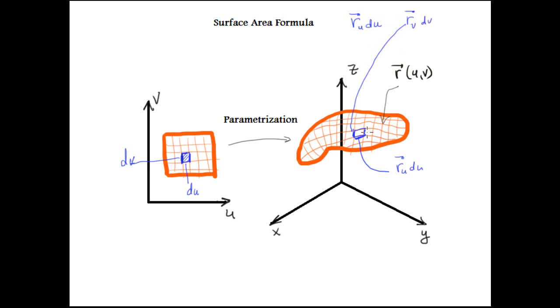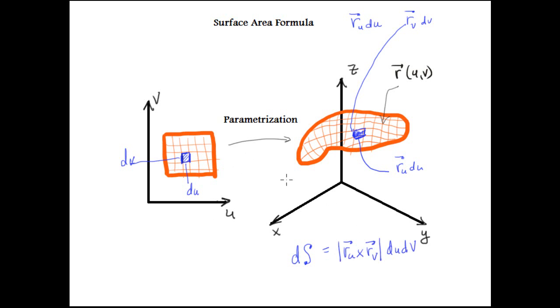In order to find the area here, we apply a cross product. Let me call it dS. Don't confuse it with the little s, the arc length. This is capital S with the two dots that represents the elementary surface area. It's the cross product of r_u cross r_v, multiplied by du dv.